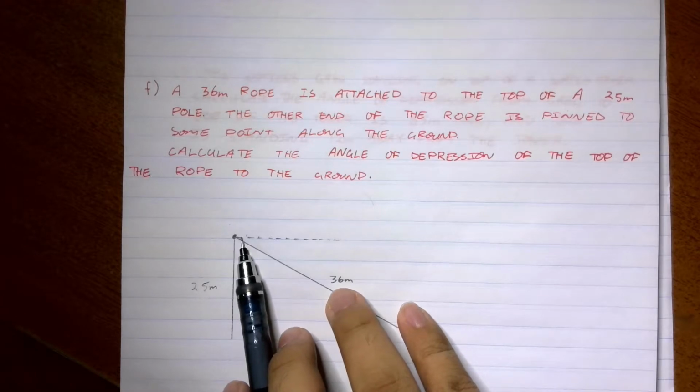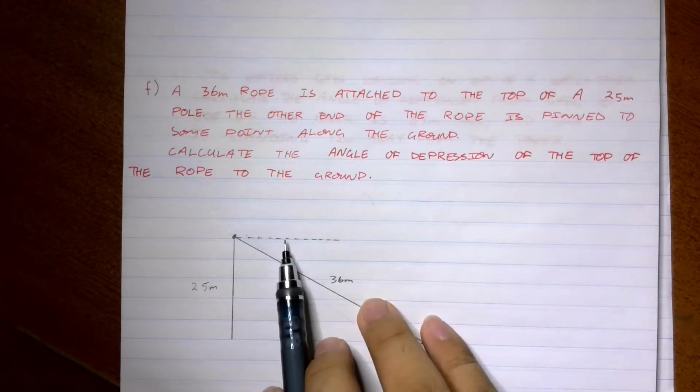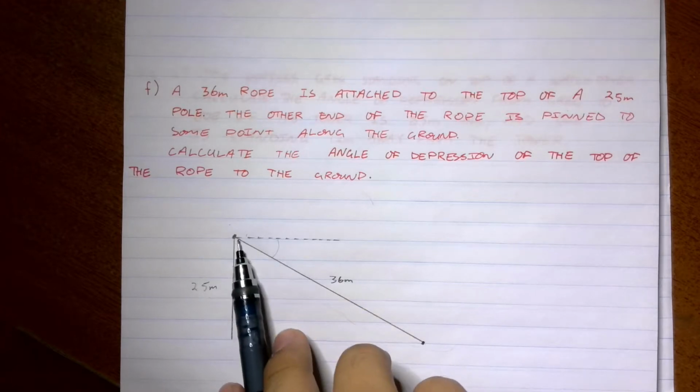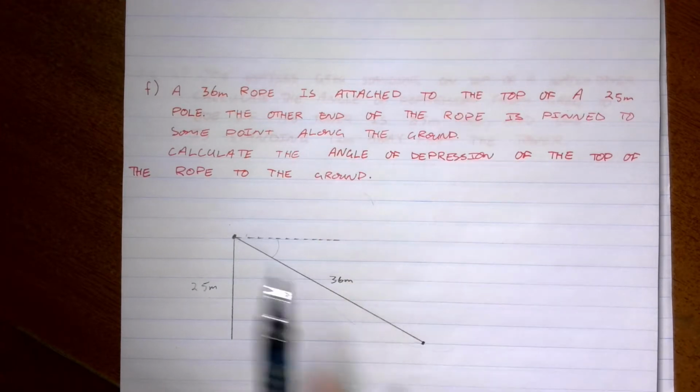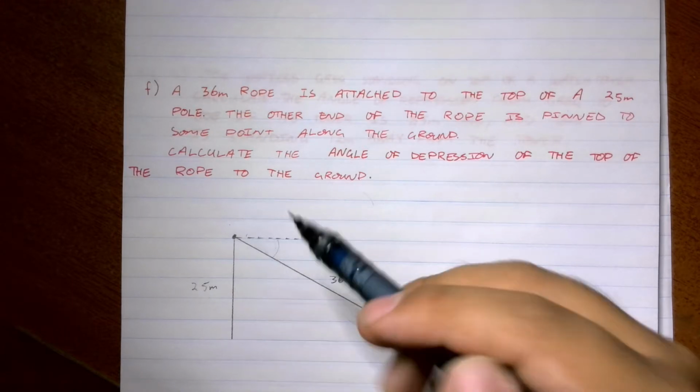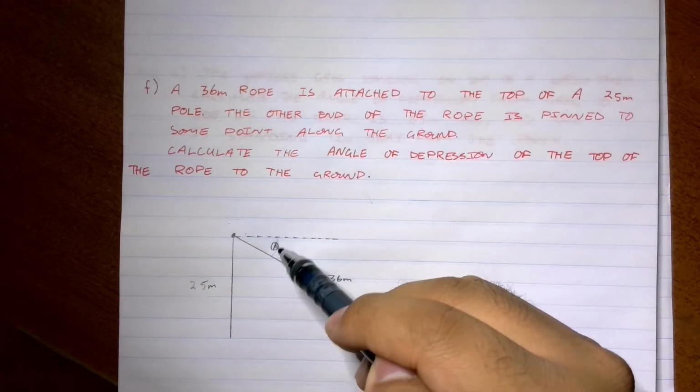The angle of depression is between the line of sight and the end point, because remember, the rope is looking to the ground here. So this is the angle we are calculating. This here is theta.